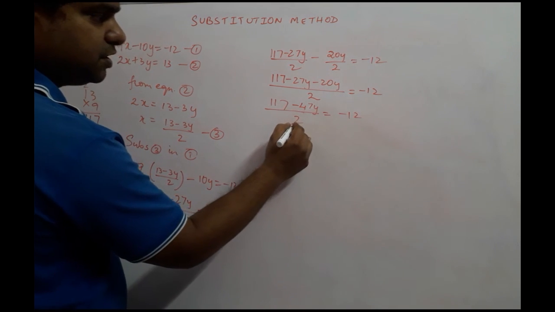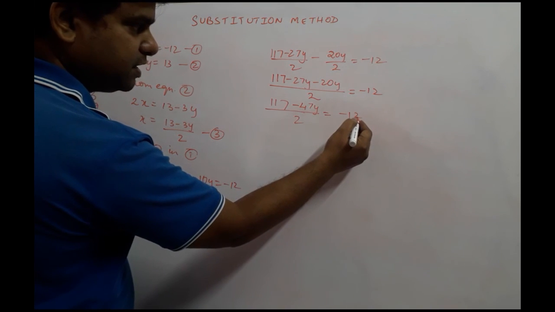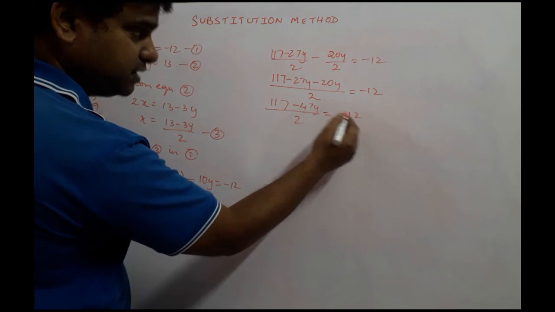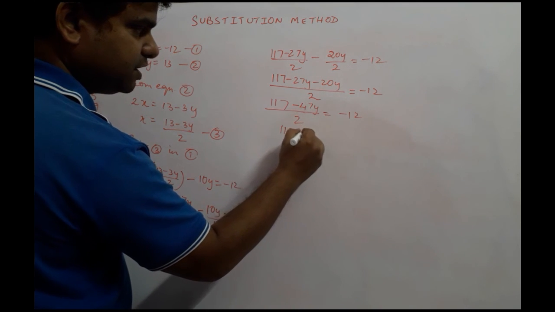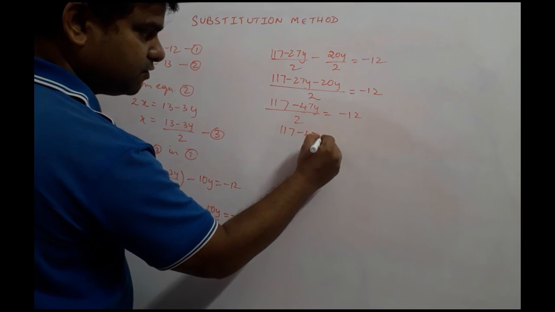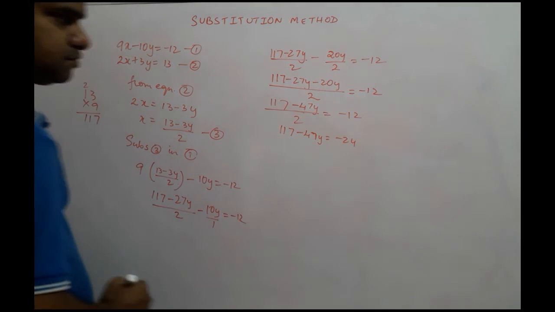So 2, which is a denominator, if we take it on the other side, it gets multiplied into minus 12. So that will give us 117 minus 47y equal to minus 24.